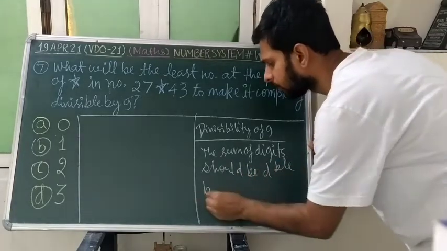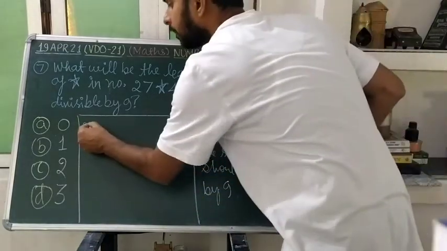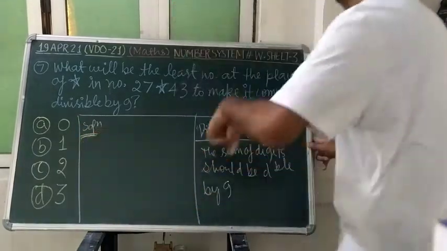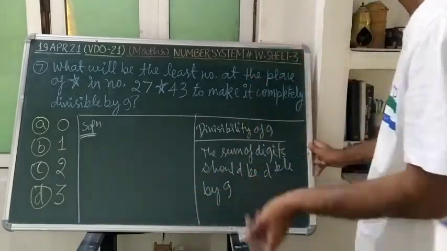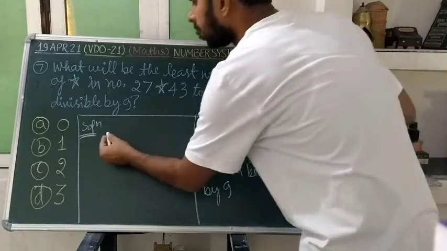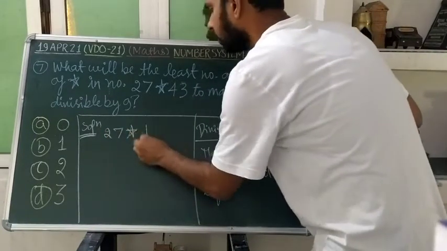I have given you these things. The same rule we follow in the case of 3 as well, but there I divide by 3. So the number is 27*43.